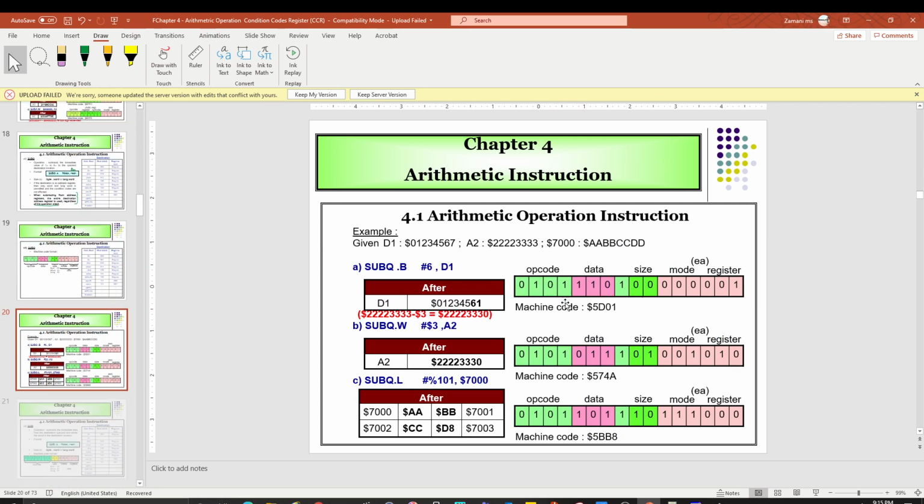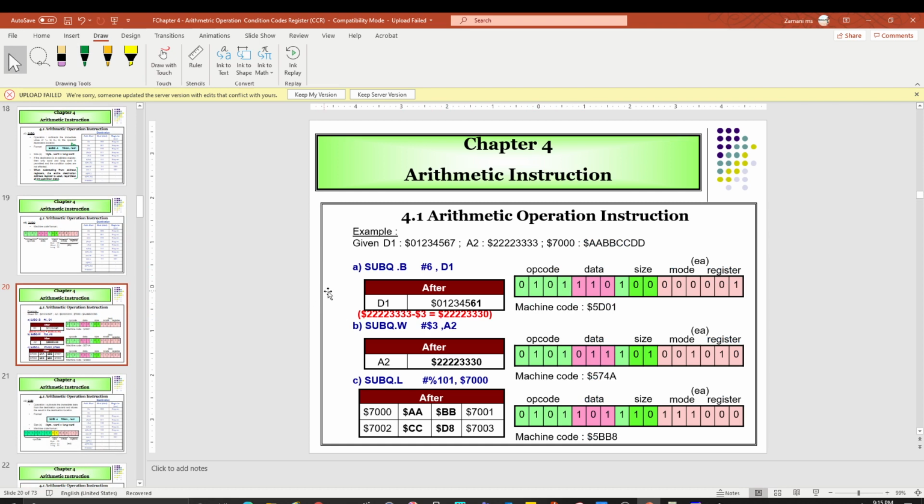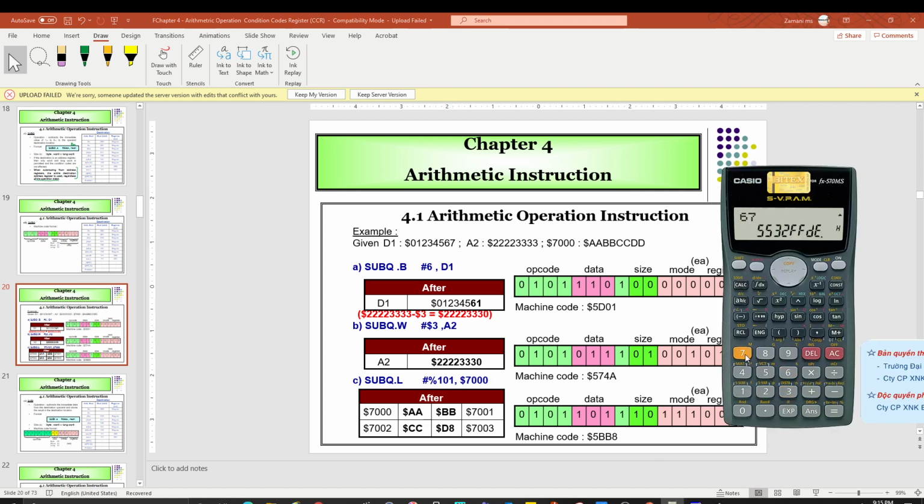So you can look at the example over here, very quick one, SUBQ. You have the SUBQ.B D1 minus 6. D1 is given this one, 67 minus 6. So the answer is 61.